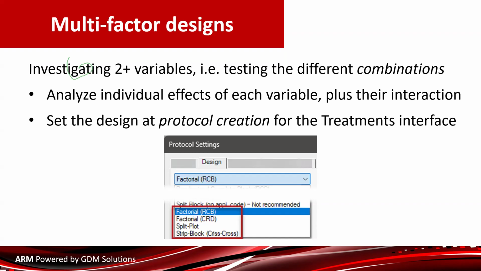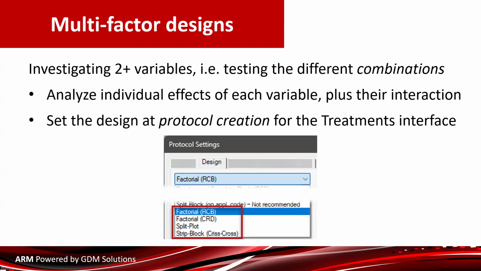And we'll see why. It just sets up the treatment interface. So the treatments editor, once you're in the protocol, will be just a little different when you're using one of these multi-factor designs. Pretty much everything else in ARM is the same. There's really not a whole lot else to see, other than, like I said, that treatment editor.